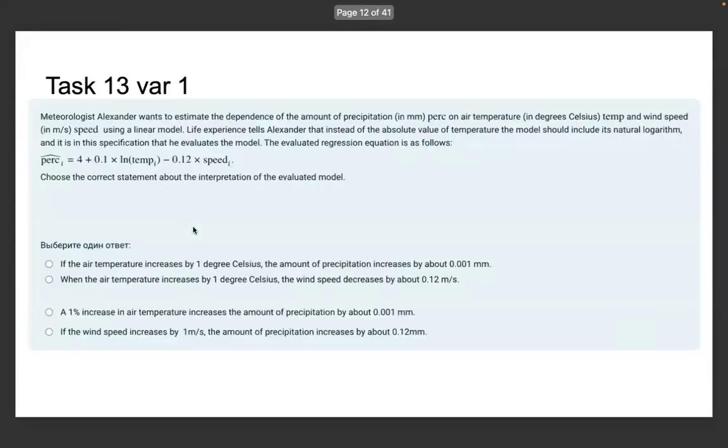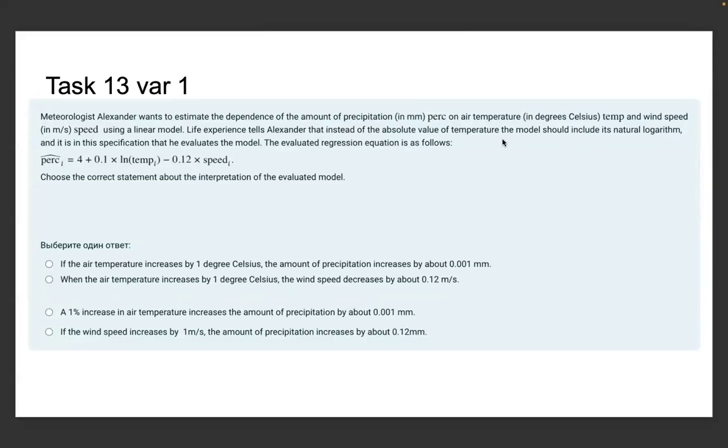Okay, let's move on to the 13th. In this task, we have to understand what will happen with some value. So let's read the task. Meteorologist Alexander wants to estimate the dependence of the amount of precipitation, which is our value, on air temperature and wind speed using a linear model.